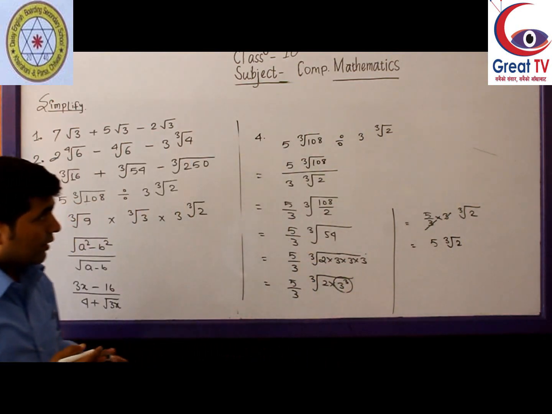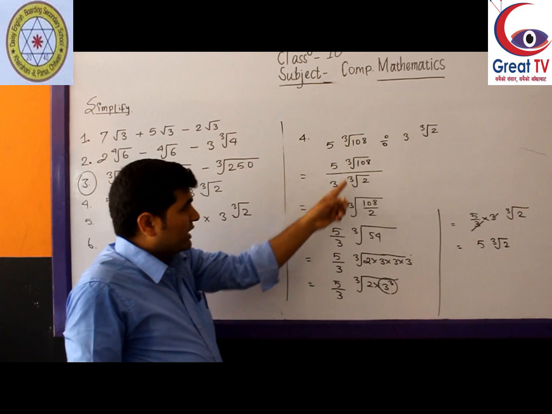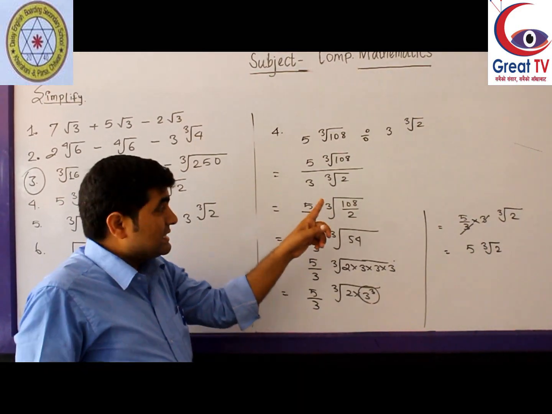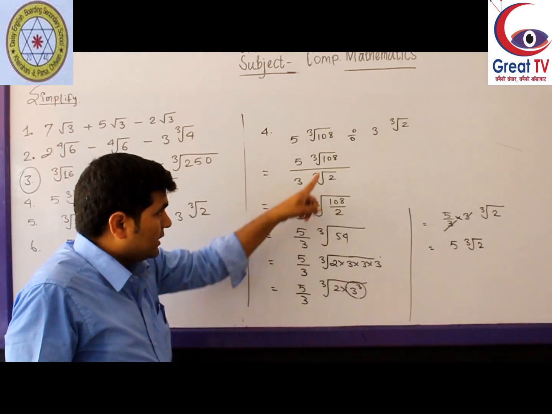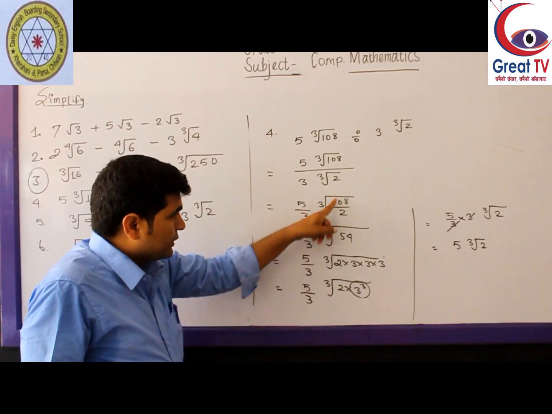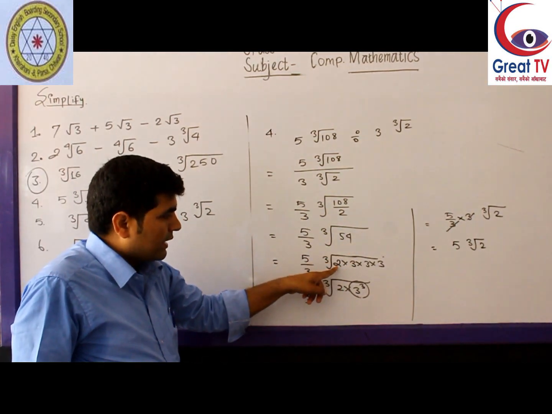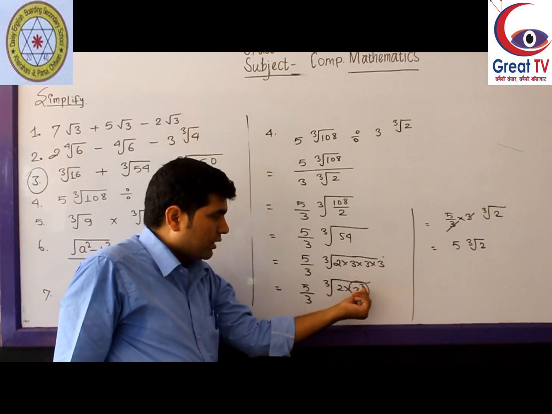This one is the solution. Here the order of both surds is the same, so we can put them in a single cube root, as they have the same order. So we can divide the two radicands. So 108 divided by 54, using prime factorization, 2 into 3 into 3 into 3. Now 3 raised to 3.